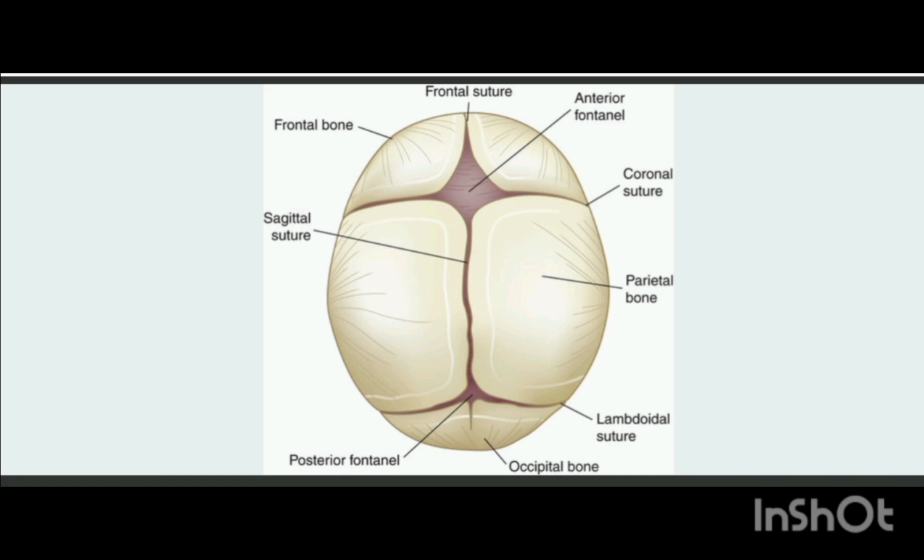The posterior fontanelle gets closed sooner than the anterior fontanelle, at about 1.5 months, when bone gets formed in its place.